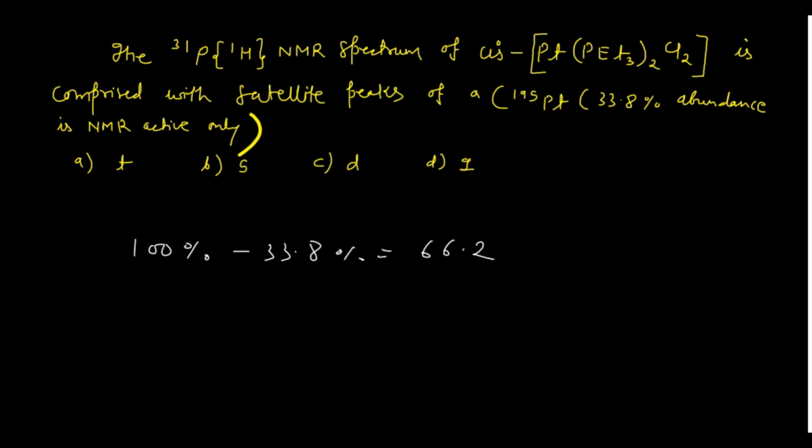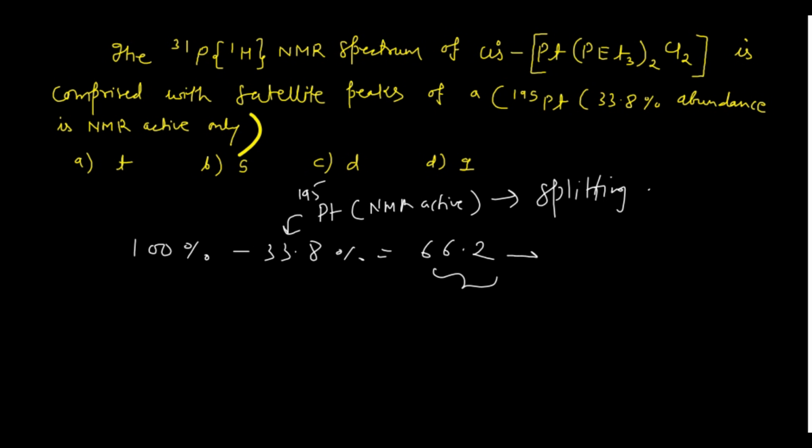So this 33.8 is what? It is platinum 195, which is NMR active, and will do splitting of the signal. Please remember. And this 66.2 is platinum 194, and it is NMR inactive. And when it is NMR inactive, no splitting would occur in that case.